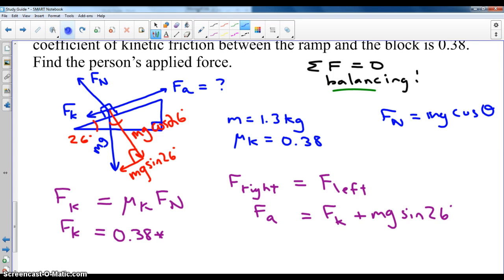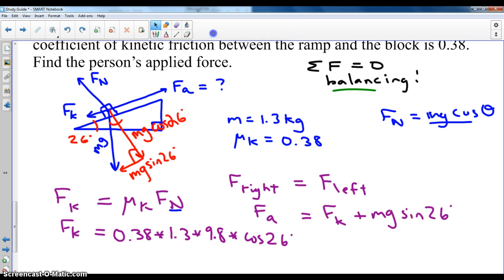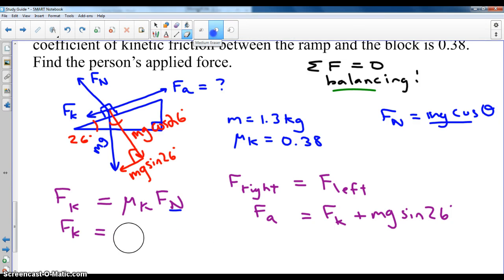So down here for Fn, I'm going to replace it with what it equals, mg cosine theta. And so I get m, which is 1.3, times g, 9.8, times cosine 26. And I calculate that out. And I get 4.35.